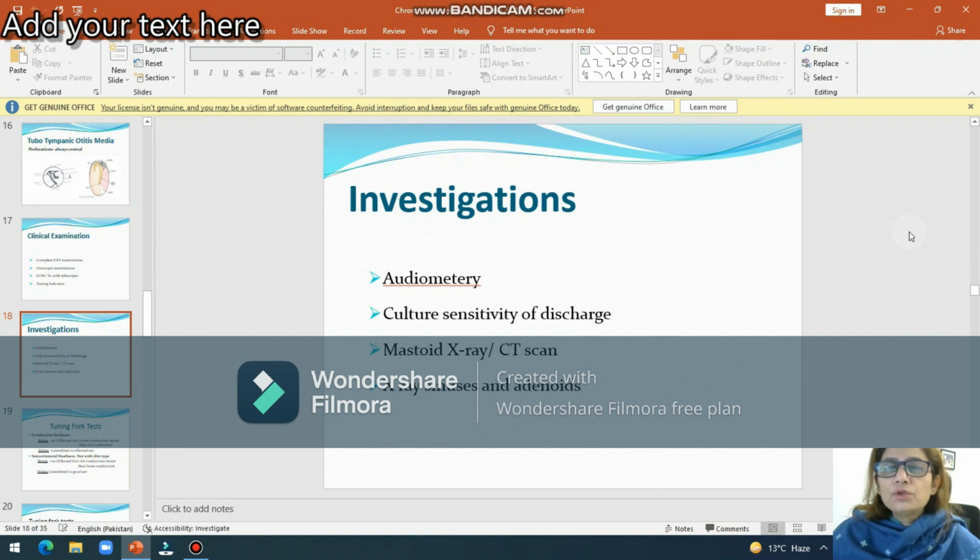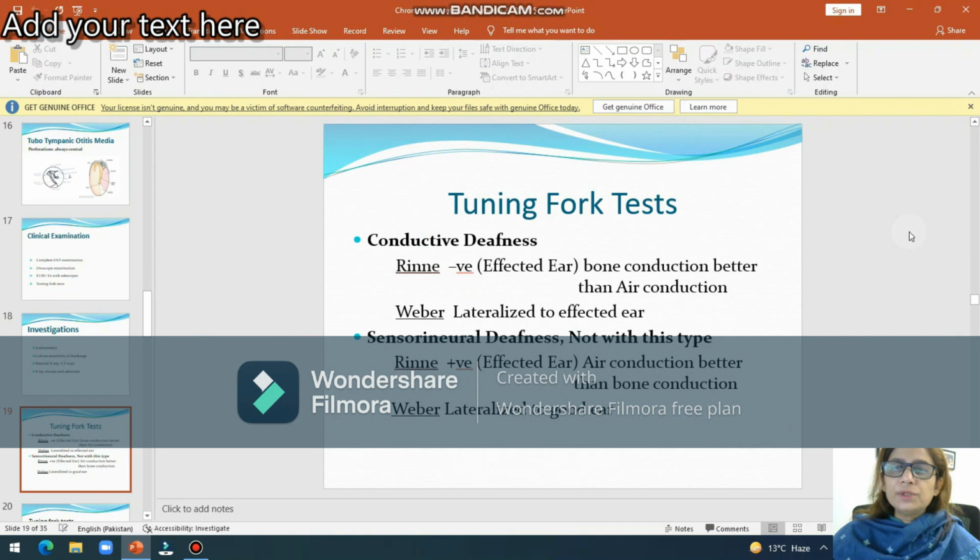If the patient is not improving with ear drops and antibiotics, you will rule out mastoiditis by advising X-ray and CT scan. X-ray of sinuses and adenoids should be taken to rule out any disease in the nose and nasopharynx.